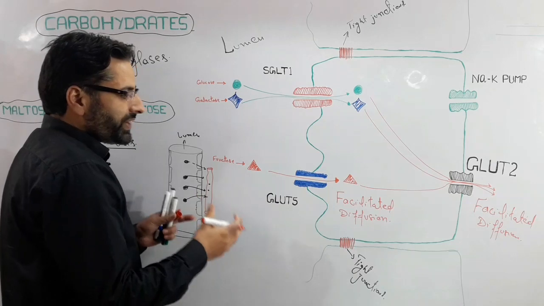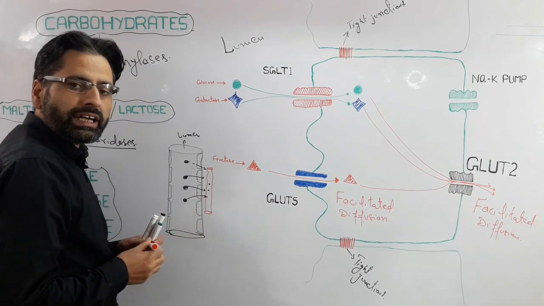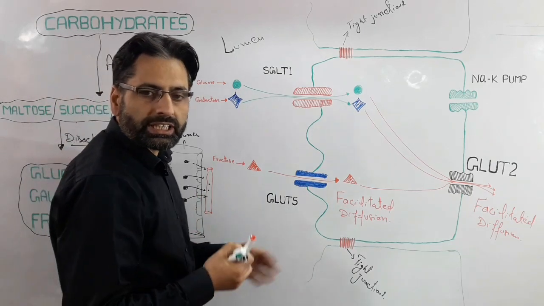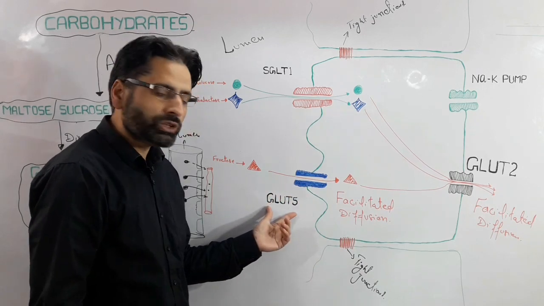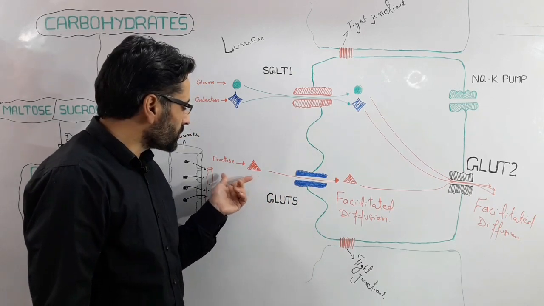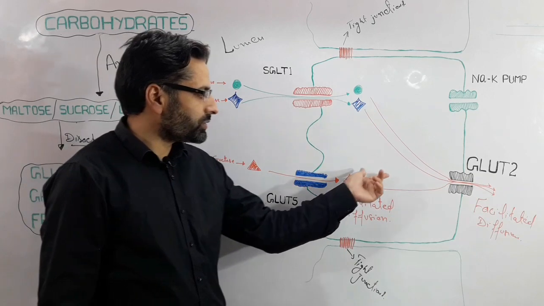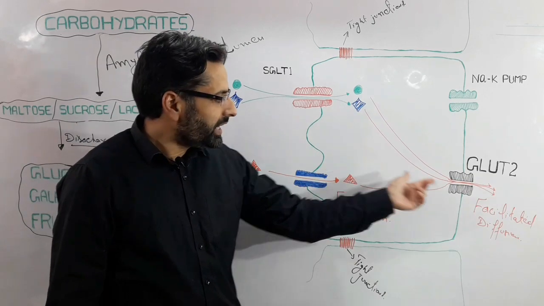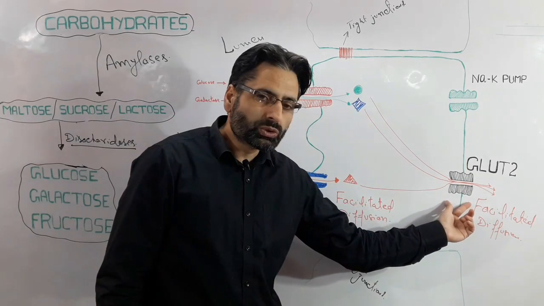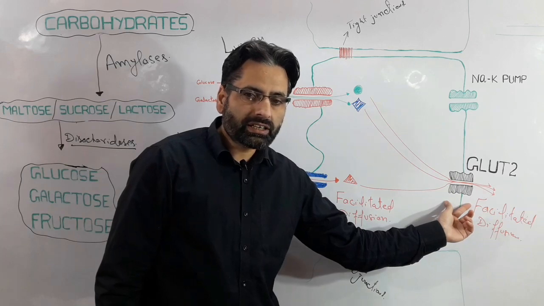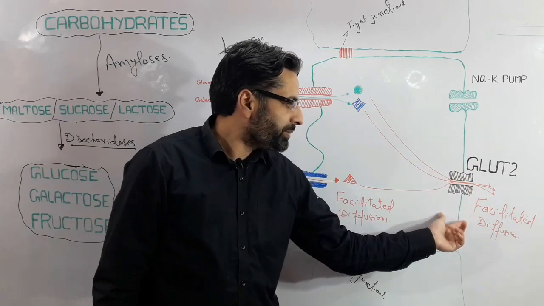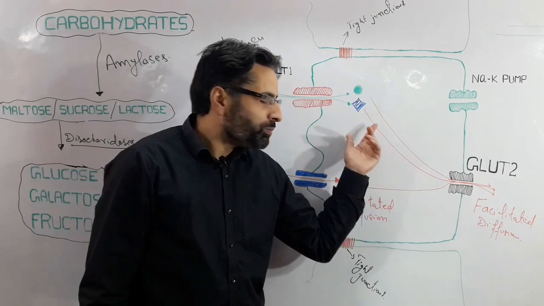So we have facilitated diffusion occurring at two sites through two transporters. One is this glucose transporter type 5, which transports the fructose from the luminal side towards the inside of the cell. Then we have the transport through glucose transporter type second through this basolateral membrane.